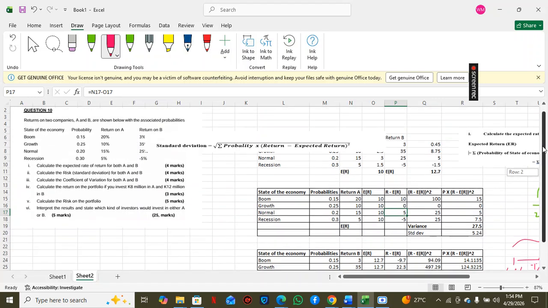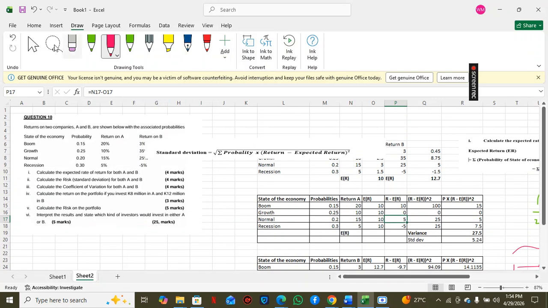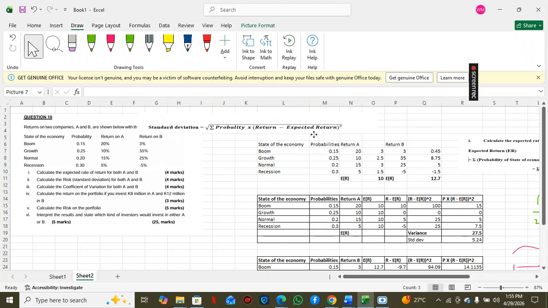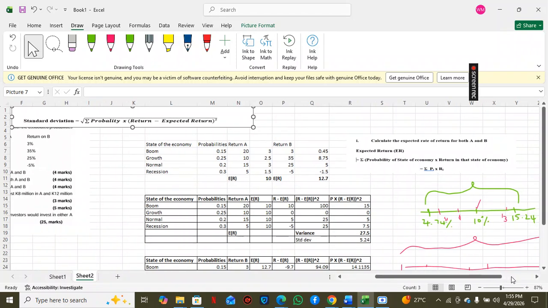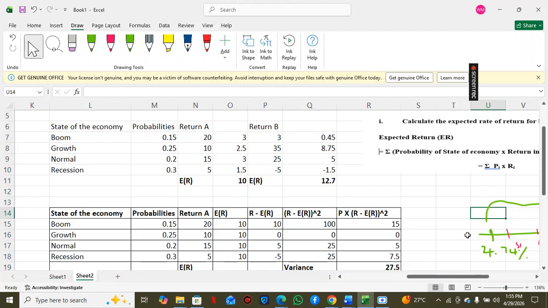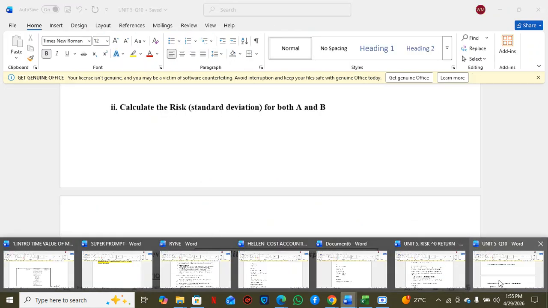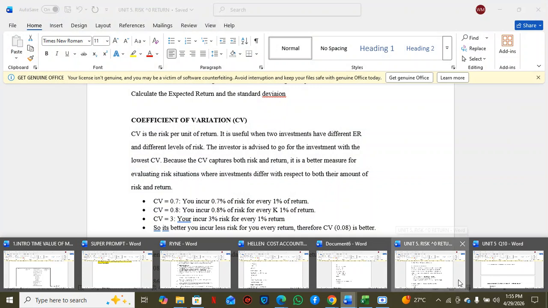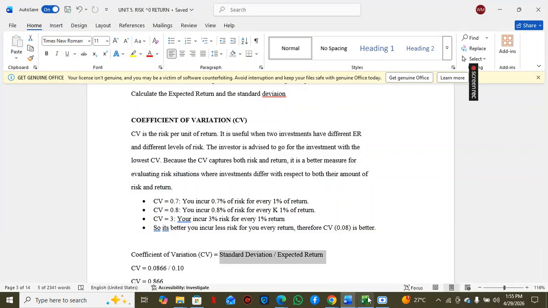So for company A, our expected return, come here, coefficient of variation, CV. We said standard deviation divided by expected return.